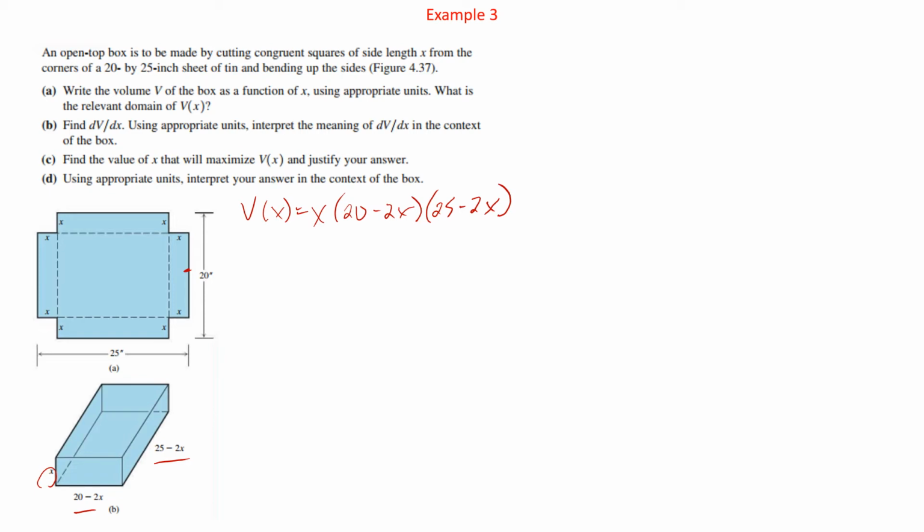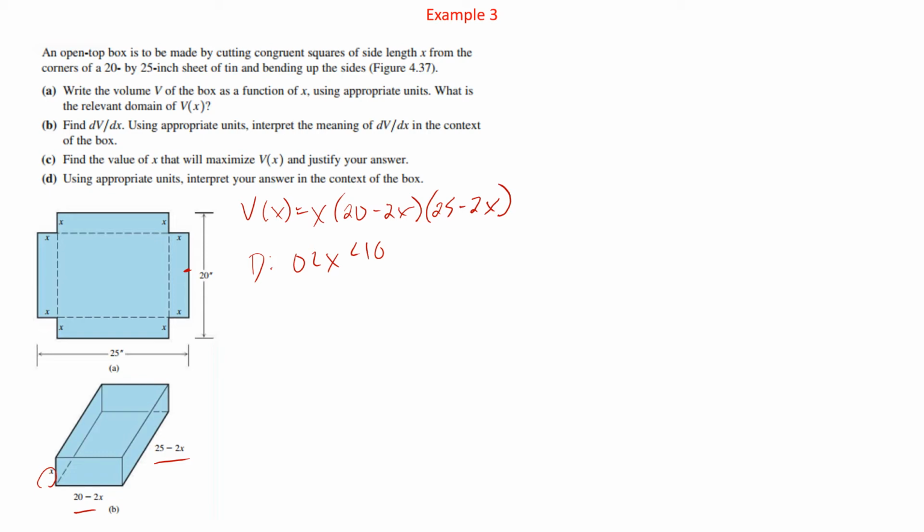We know the domain is going to be 0 has to be less than x, which has to be less than 10. So it has to be greater than 0, not less than or equal to, because if we cut off 0, then we're not actually cutting off anything. And it has to be less than 10, because if it was 10, we would actually just cut the thing in half, and that wouldn't do us any good.